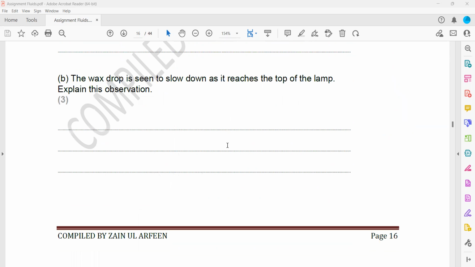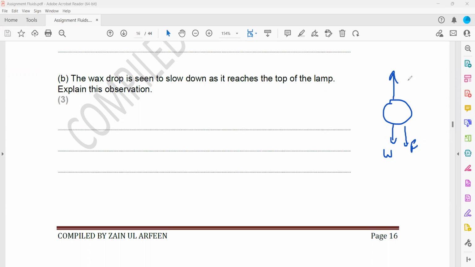The wax drop is seen to slow down as it reaches the top of the lamp. Explain this observation, like why the wax drop slows down. So what might be the reason for that? You can write this answer in two ways, on why its acceleration is decreasing.